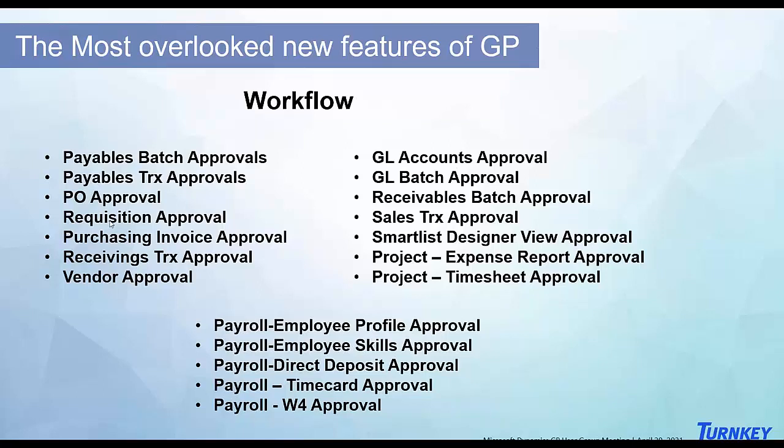And we can specify, hey, I want to just approve check batches or invoice batches or both. Payables transactions, purchase orders, requisitions, purchasing invoice, so that's your three-way match invoices, your receiving transactions, and you can also approve new vendors being added to the system.